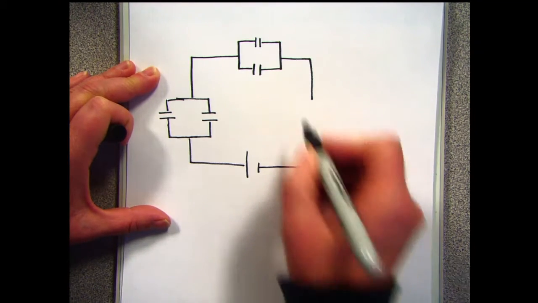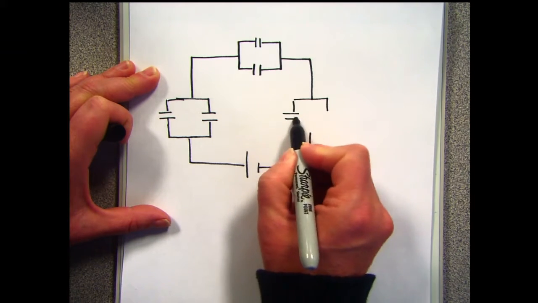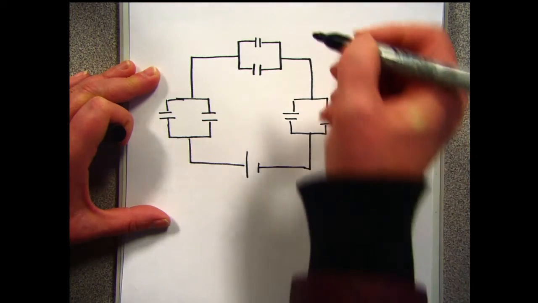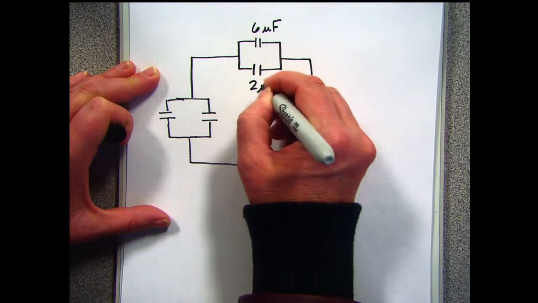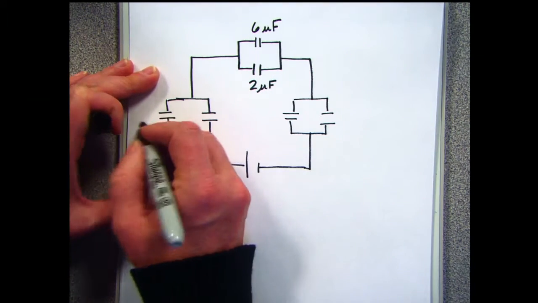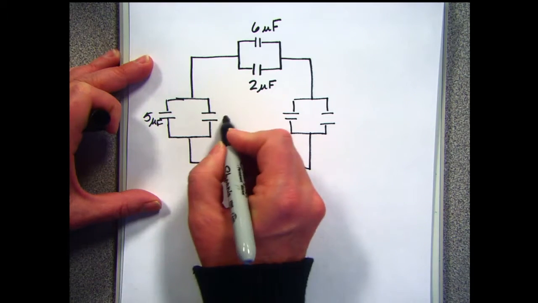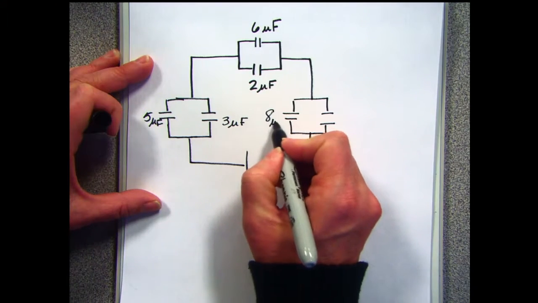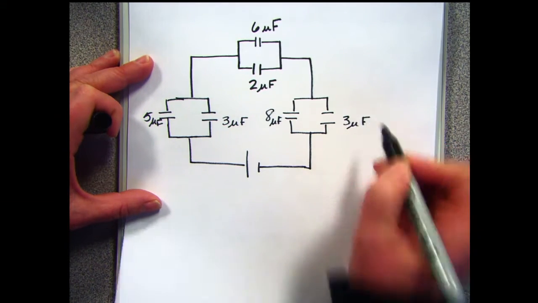All right, this one's 6 microfarads. This one's 2 microfarads. This one is 5 microfarads. This one is 3 microfarads. This one's 8. And this one's 3. And I want to know the equivalent capacitance of the system.